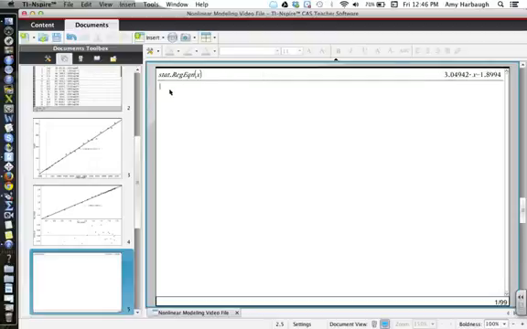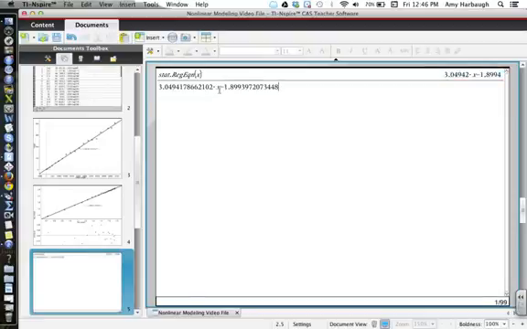And then what I want to do is calculate what this is if I substitute for x. But remember that x here is the log of the length. So if I know that the length is 15 centimeters, what I have to do is substitute the logarithm of 15 in for x. So I'm just going to hit the up arrow and hit enter.